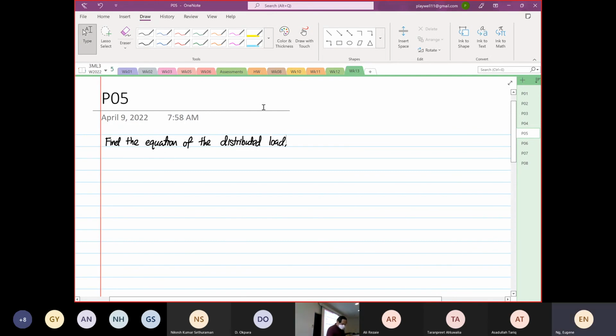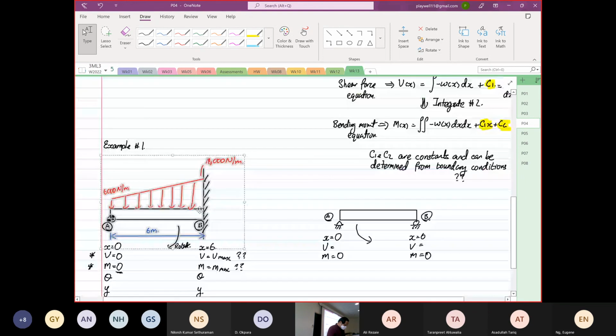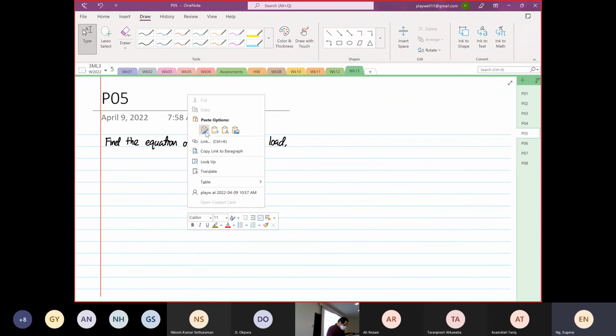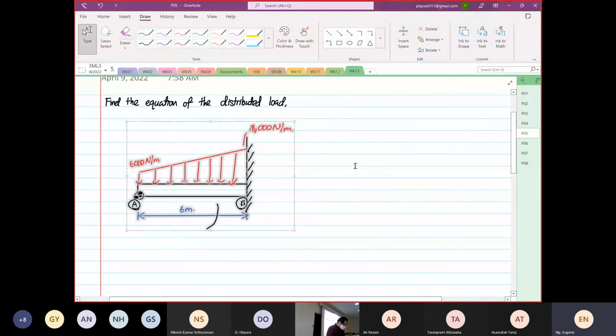Let me get back to our question. I hope to copy this thing again. And if I paste here, will it work? Hey, it works. Okay. So we are going to find the equation of the distributed load.